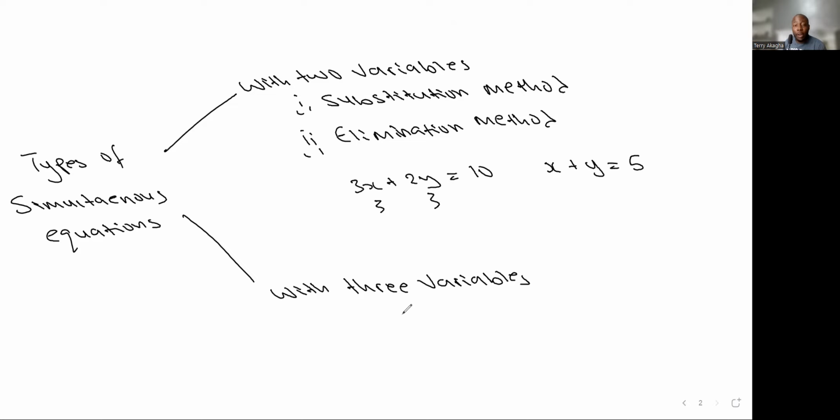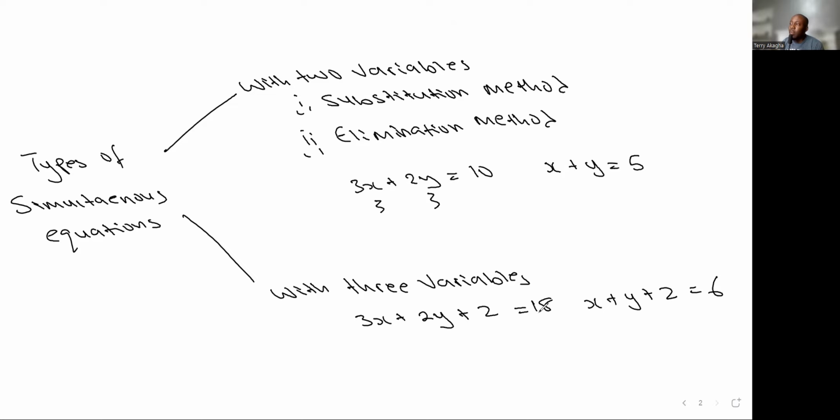Now we have those with three variables, something like 3x plus 2y plus z is equal to 8, and x plus y plus z is equal to 6.